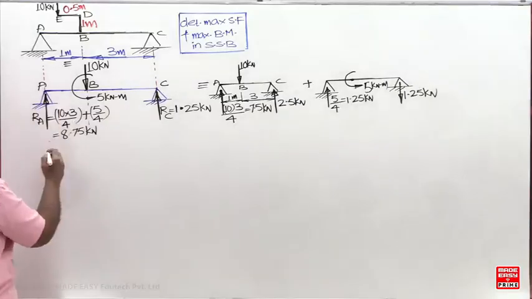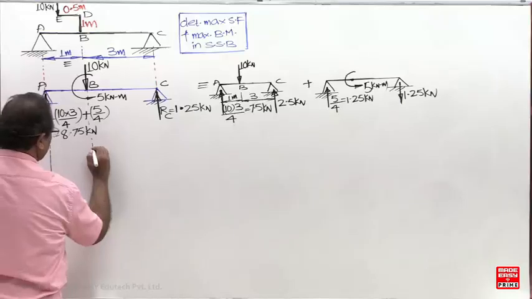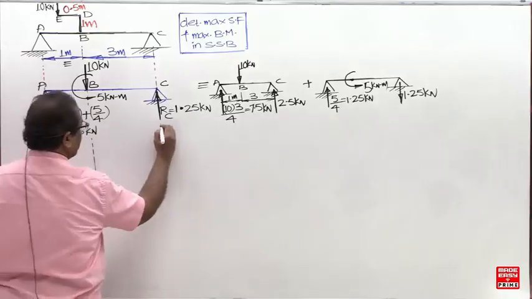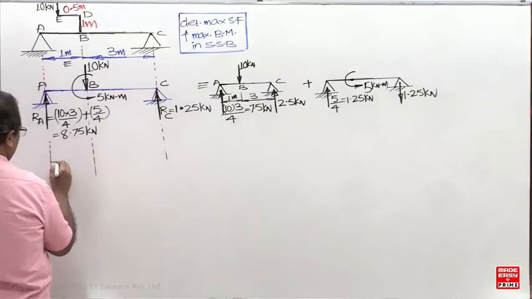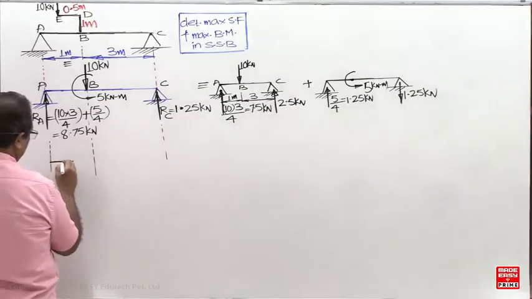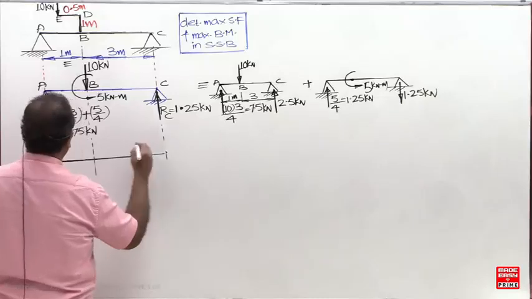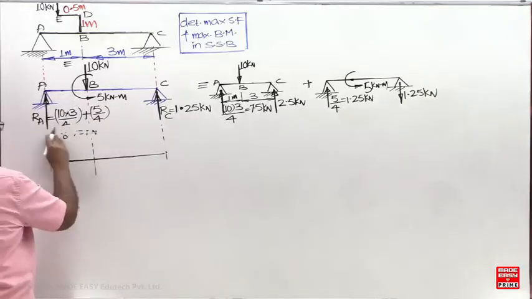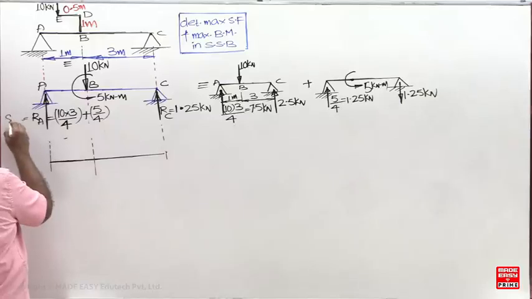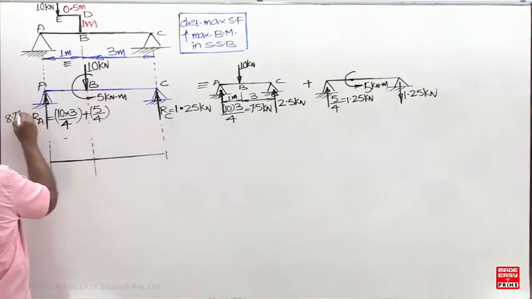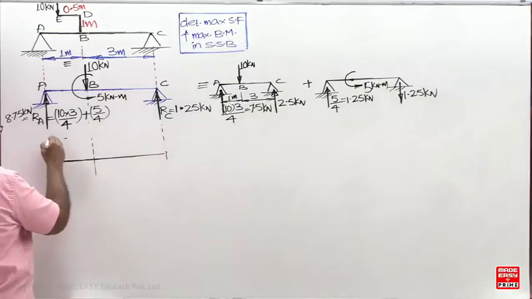Horizontal reactions are 0 because there is no axial load. On the left-hand side, upward is positive.